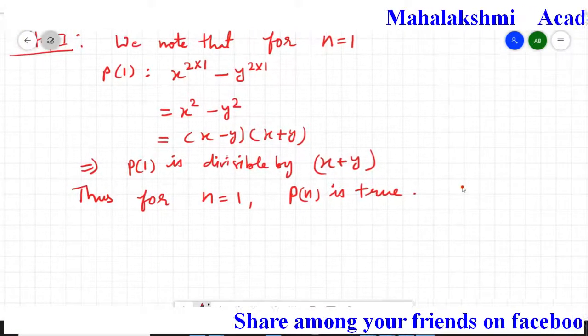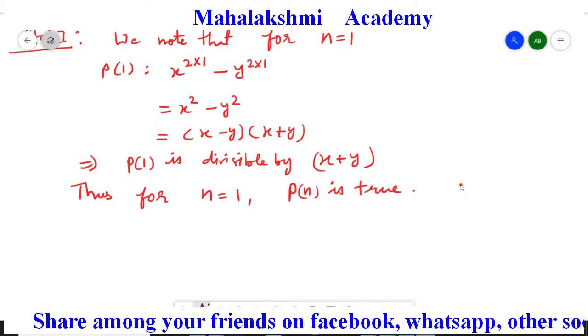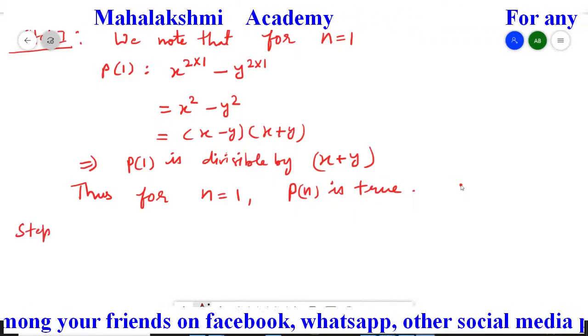Now in second step we have to assume that the statement is true for n equal to k. So we'll write here step second.